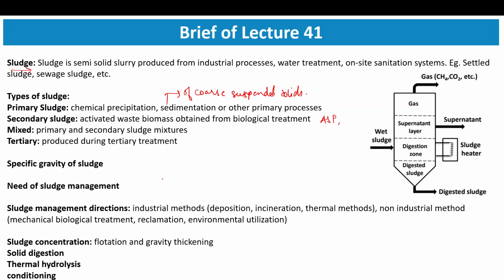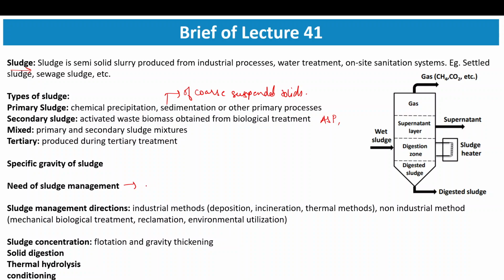Now, there were important terminologies, for example, specific gravity of sludge. So this is important. It will help you in how you will handle the sludge, or there need to be some criteria before disposal. So specific gravity of sludge will help in this. Now, I have already mentioned why we need to have sludge management.